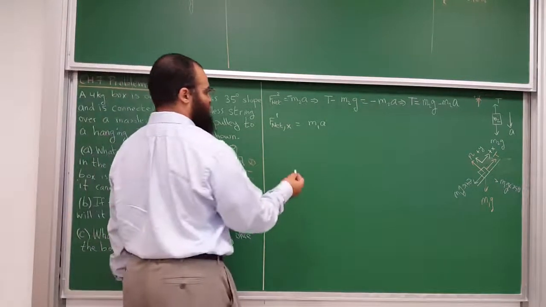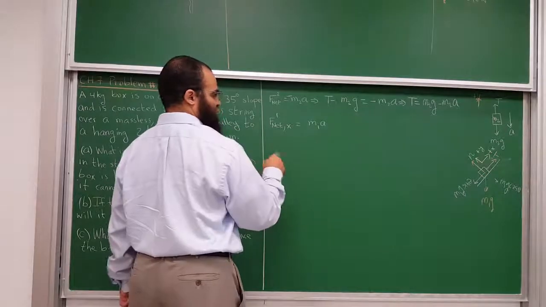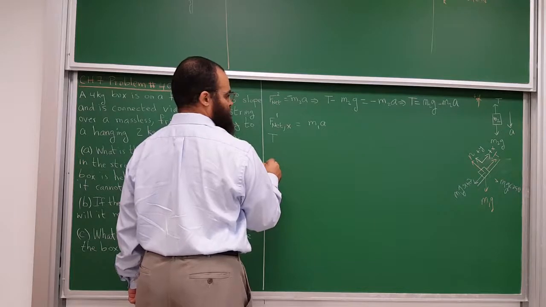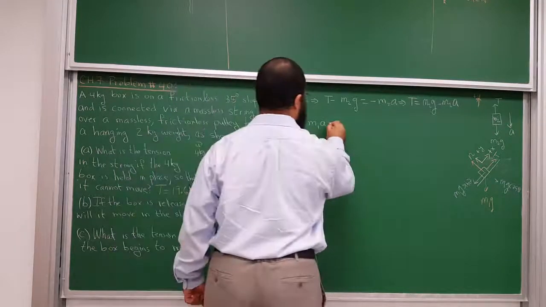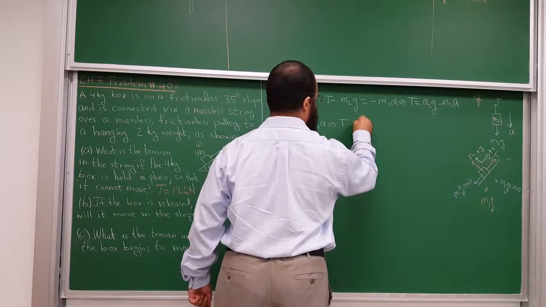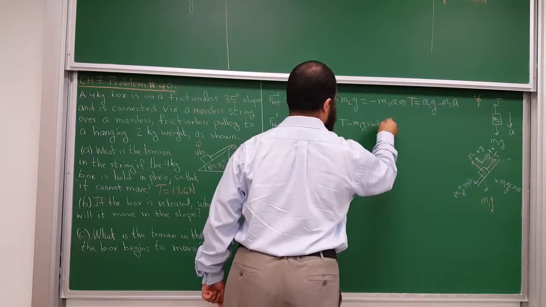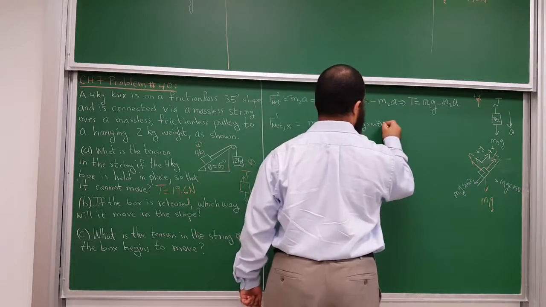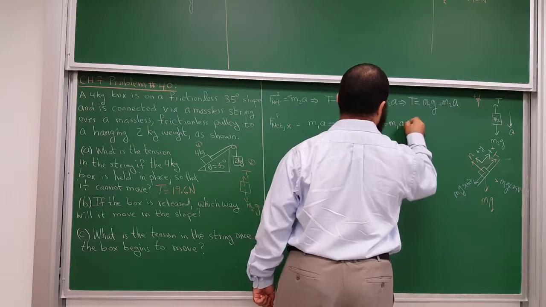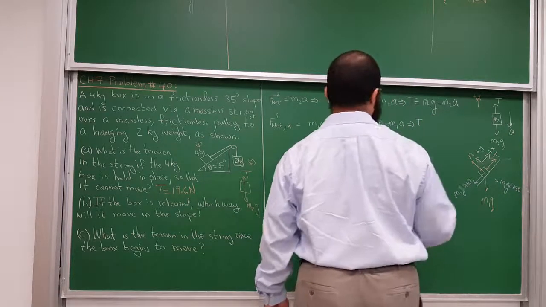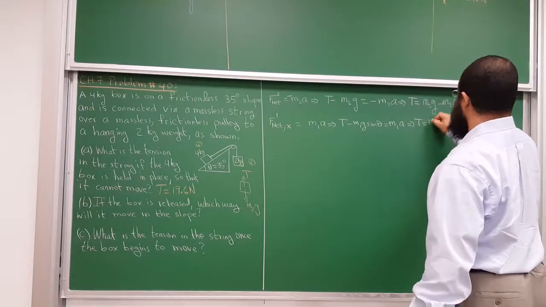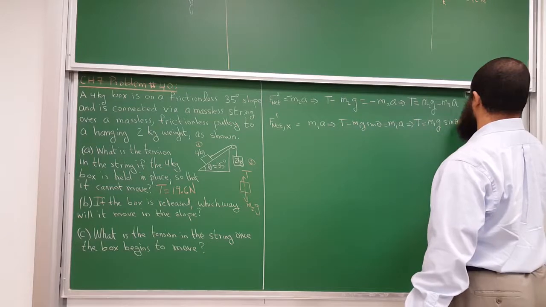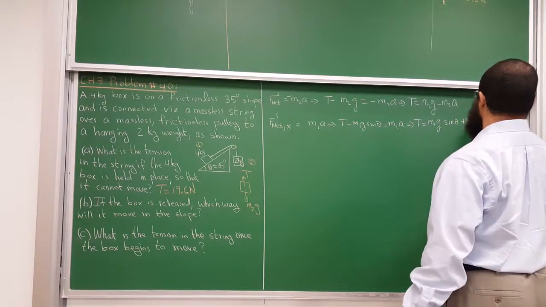What are the forces on M1? You got the tension up the incline minus M1g sine theta down the incline. Those are the only two forces in the x direction, equal to M1 times the acceleration. So we get the tension would equal M1g sine theta plus M1 times a.